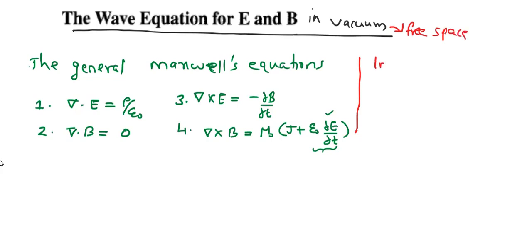In free space, there will not be any current density J or any charge density. There will be no charge or current densities.